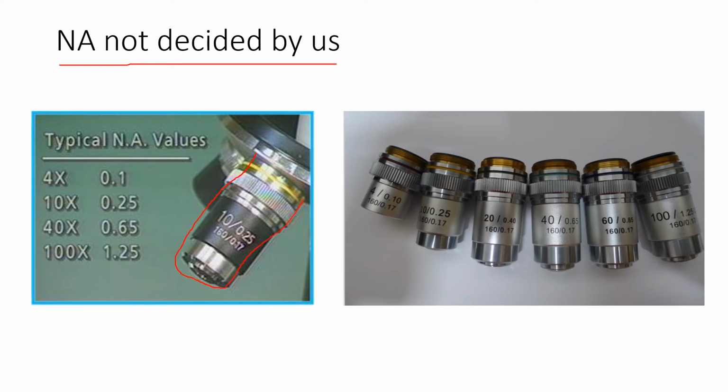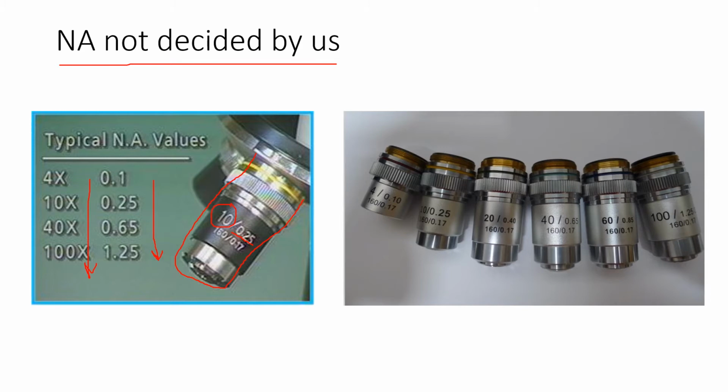Here it's written 0.25 is the numerical aperture, and the magnification is decided as well. So numerical aperture is not decided by us; it's already written on the lenses, and so is the magnification.